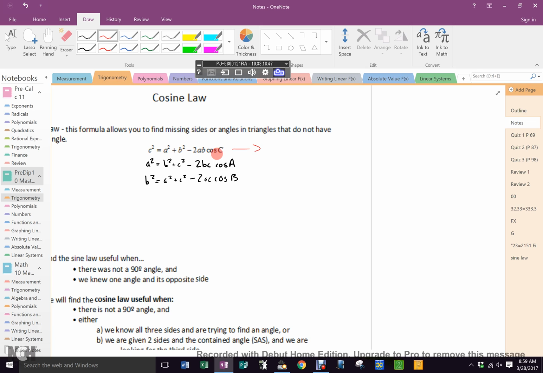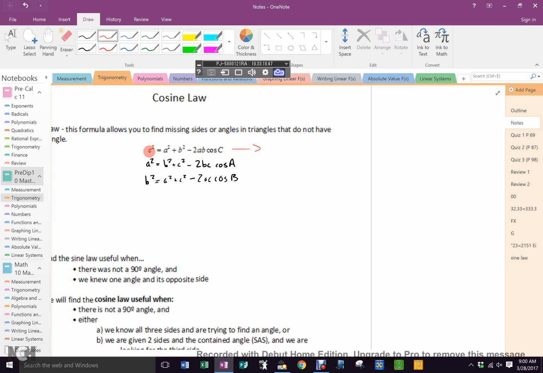Tavleen. Would you divide by cos C on both sides? If you divided by cos C on both sides, you would get rid of one cos C and you would have cos C over here, but it wouldn't be isolated, would it? It would still have a C squared there. Okay. Anybody else want to take a crack at it?